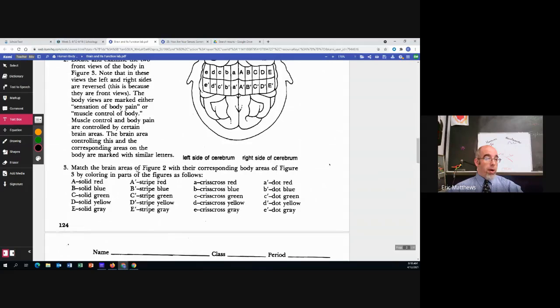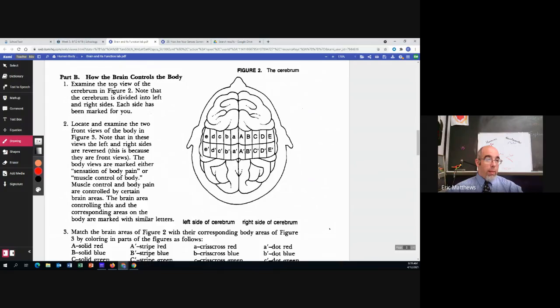Match the brain areas in figure 2 with their corresponding body areas of figure 3 by coloring them in as follows. Oh, okay, not too bad. Capital A gets solid red. So we go to the red, we find capital A, and we would color this in solid.